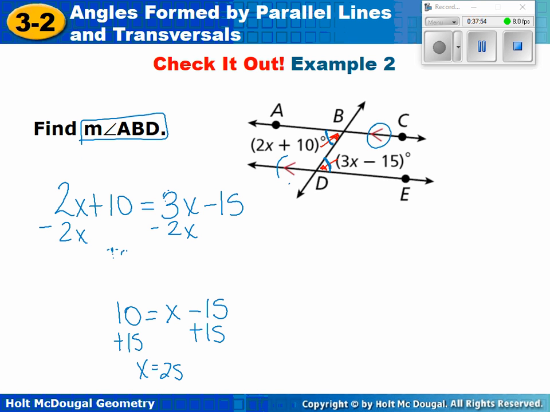It says find A, B, D. So we go back up here. A, B, D is talking about this angle, which was 2x plus 10. So we have to substitute that in. What is 2 times 25 plus 10? 60 degrees. So this angle is 60 degrees.